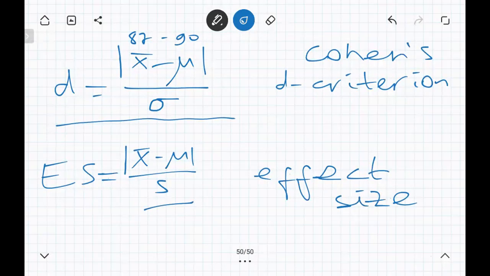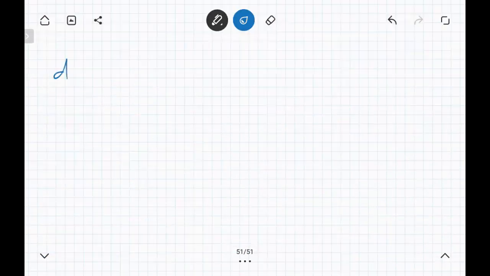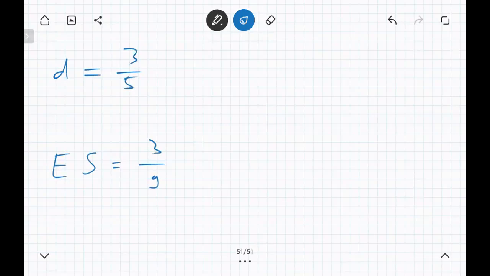So the D score will be 3 over 5, and the effect size will be 3 over 9. So it's 0.6 and 0.3 approximately.